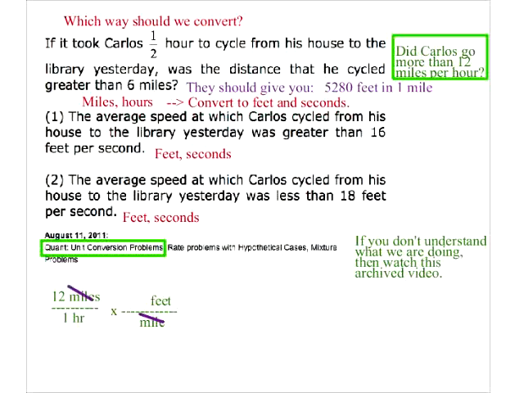And then we also need to kill the hours. So to kill the hours, we need to put them in the numerator, and we need to put seconds in the denominator. Then that'll kill the hours and give us feet per second. So the conversions are there's 5,280 feet in 1 mile, and 1 hour is 3,600 seconds.